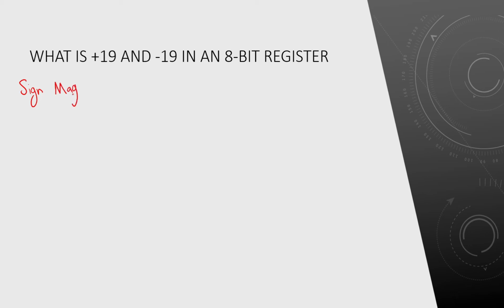Sign magnitude. So 19, what is 19 in binary form? It's 16 plus 2 plus 1, that is 2 to the 4, plus 2 to the 1, plus 2 to the 0. We're doing an 8-bit register. 1, 2, 3, 4, 5, 6, 7, and 8.